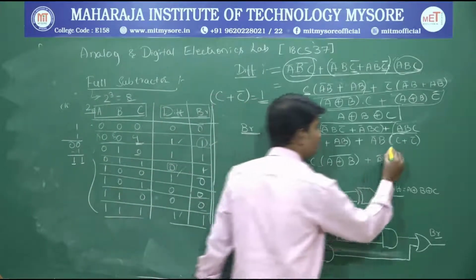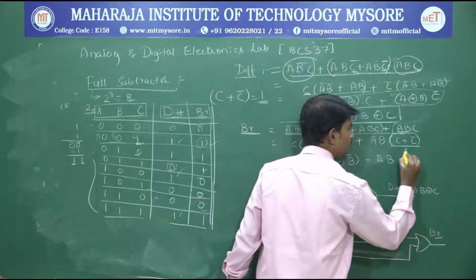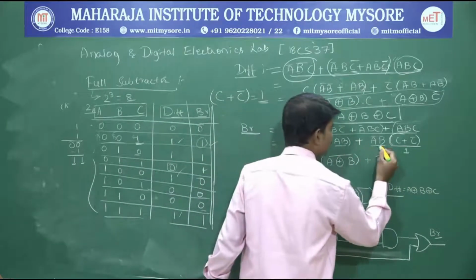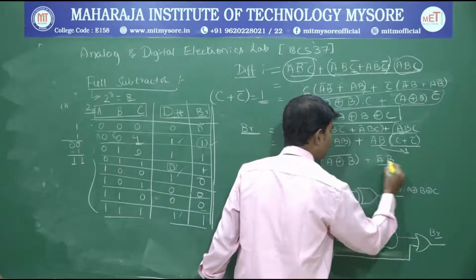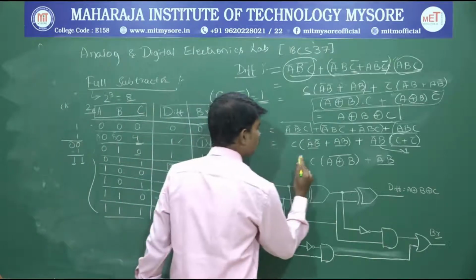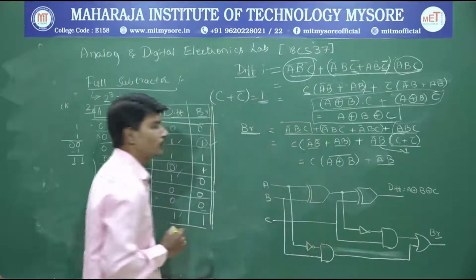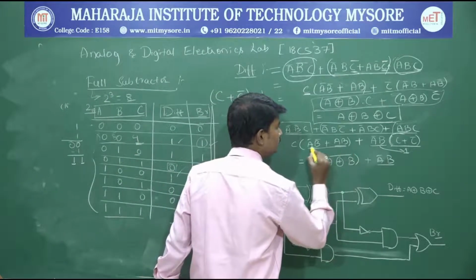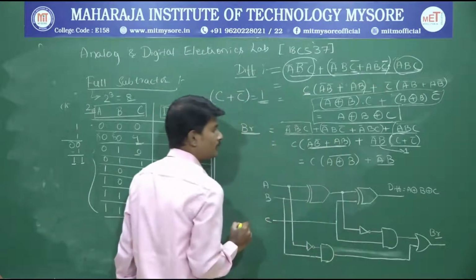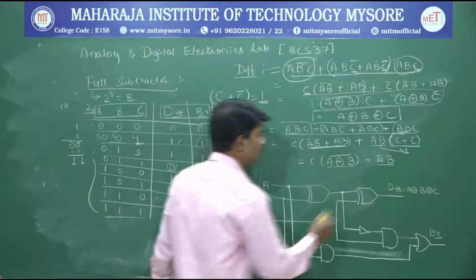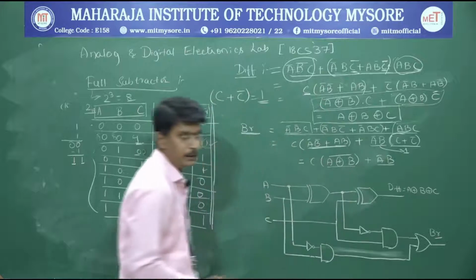So we ignore this term and it is replaced with 1. When we multiply A bar B with 1, we get back A bar B. So this is the equation we get for the borrow: C into A XOR B whole complement, plus A bar B.